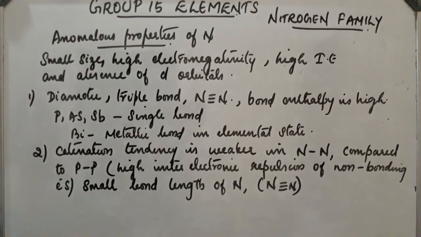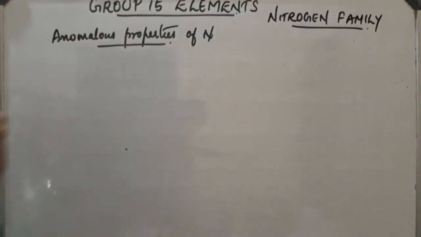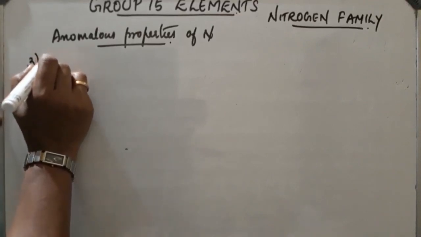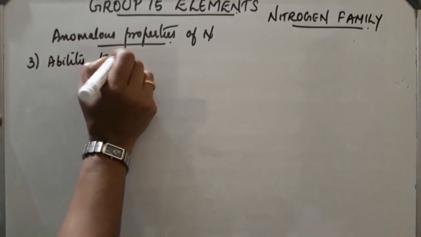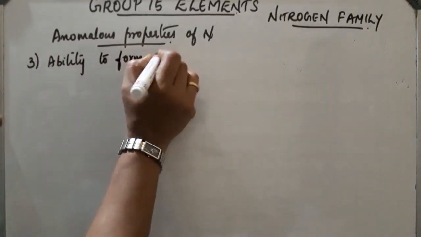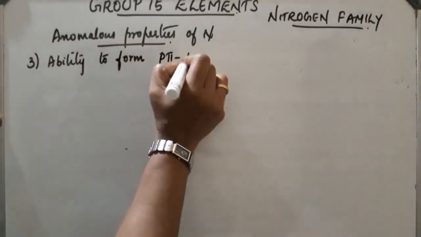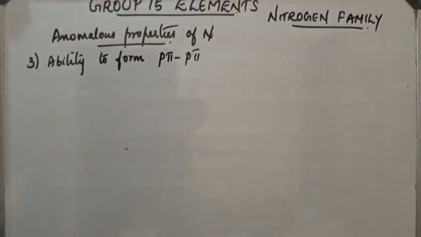Next, third point. Nitrogen has a unique ability to form p-pi multiple bonds with itself and with other elements having small size and high electronegativity.